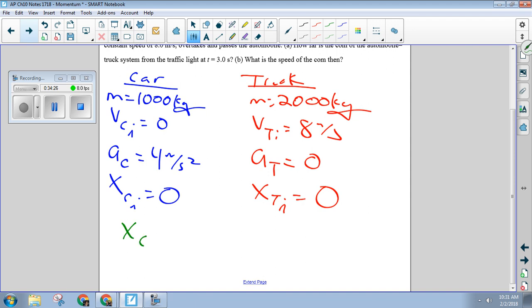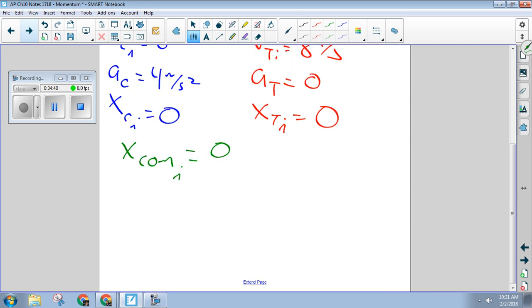what's the position of the center of mass initially going to be, you guys? In other words, this is 0, right? Both objects at time 0 are at a position of 0, so the center of mass is going to be at a position of 0, yes? Yep. All right, let's find the initial velocity of the center of mass. You just do that weighted average thing.